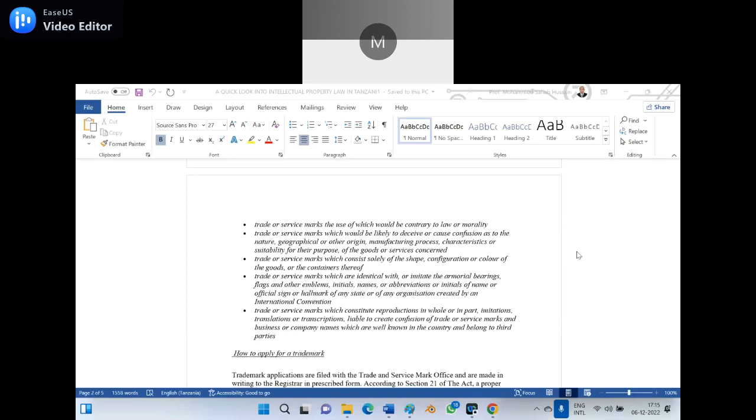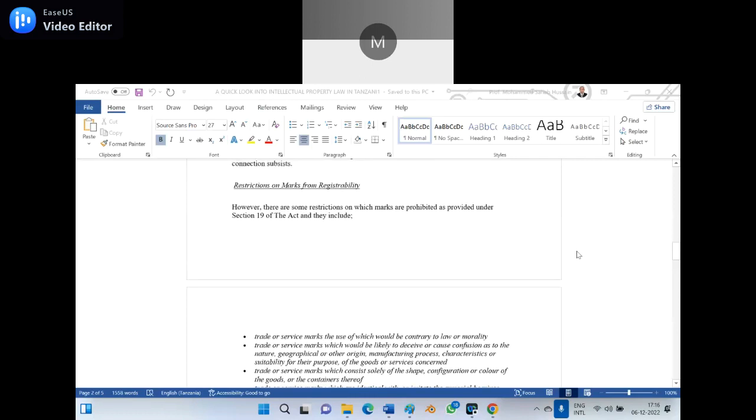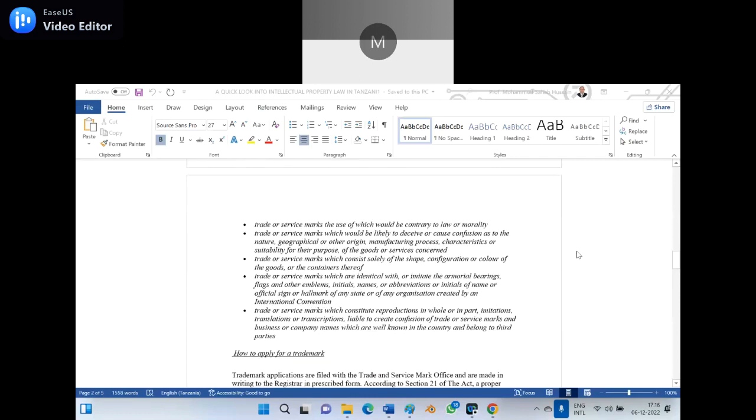So if a trademark would be used for a service mark and it will be contrary to law and morality, that cannot be trademarked or registered.